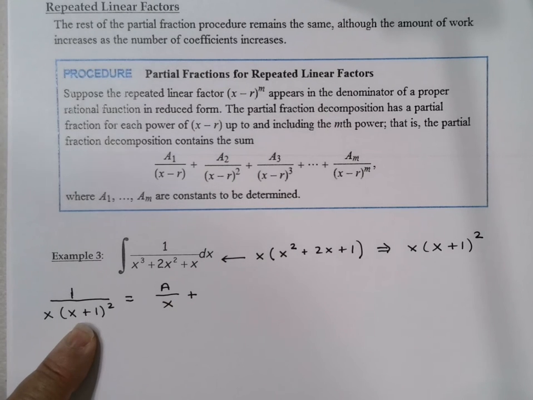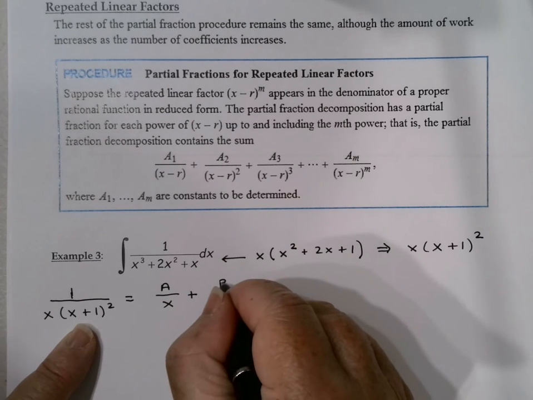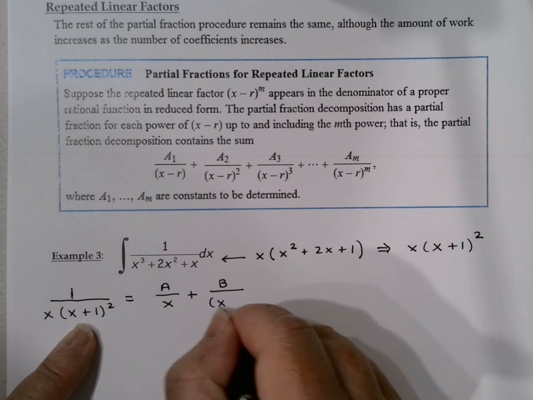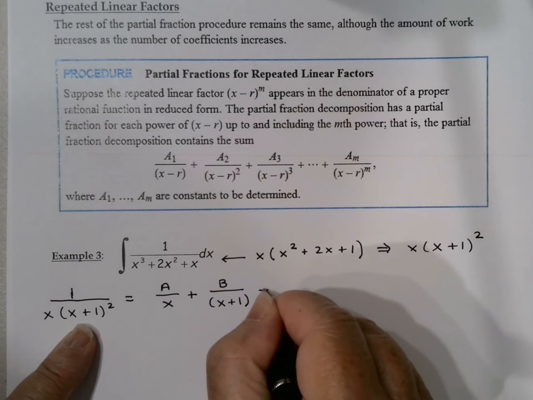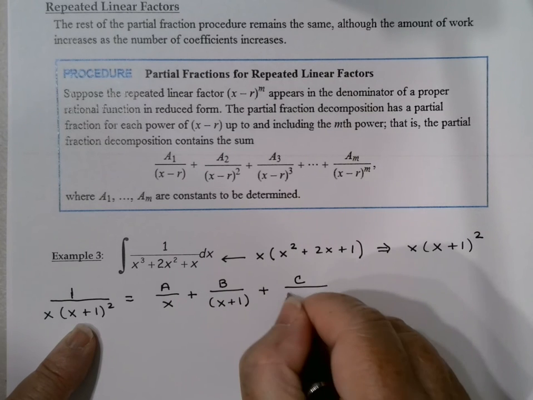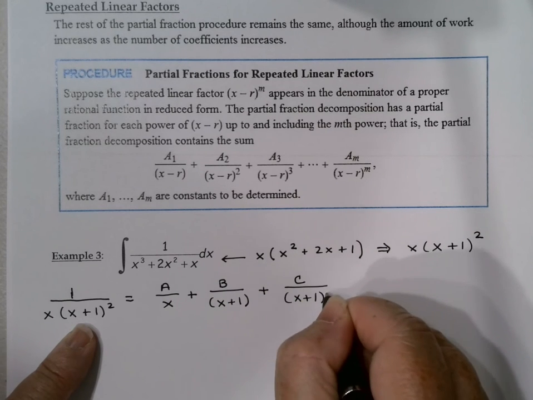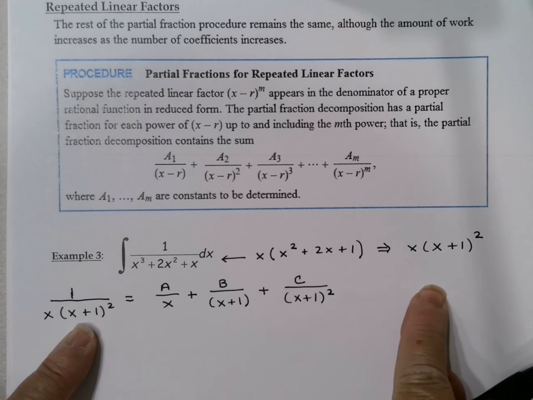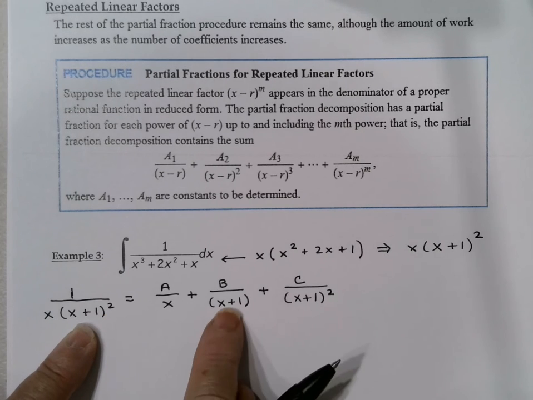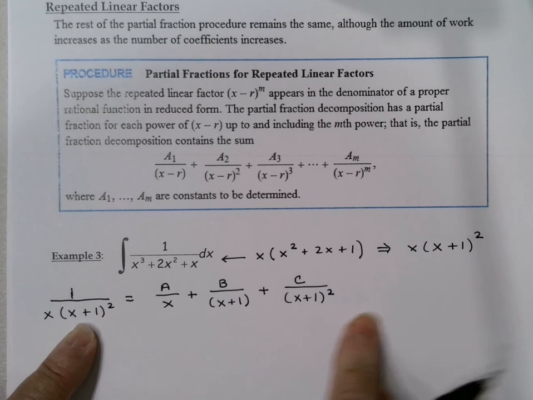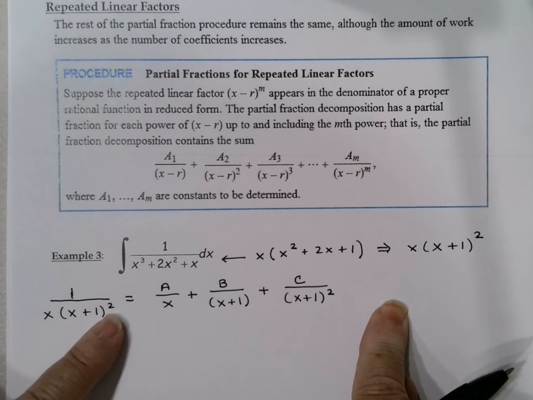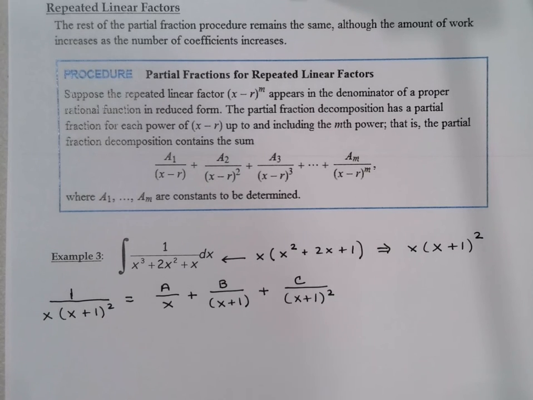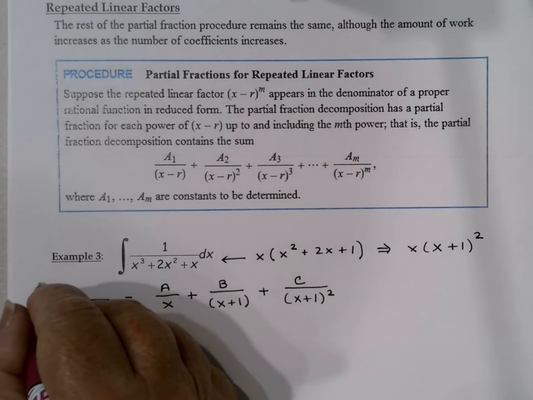And then for this x plus 1 squared, first I'll start with B over x plus 1 to the first, and then I'll go to C over x plus 1 squared. If this had been a third power, I would have had a plus D over x plus 1 cubed. I just start with the first power and build my way up to the highest power that I have.